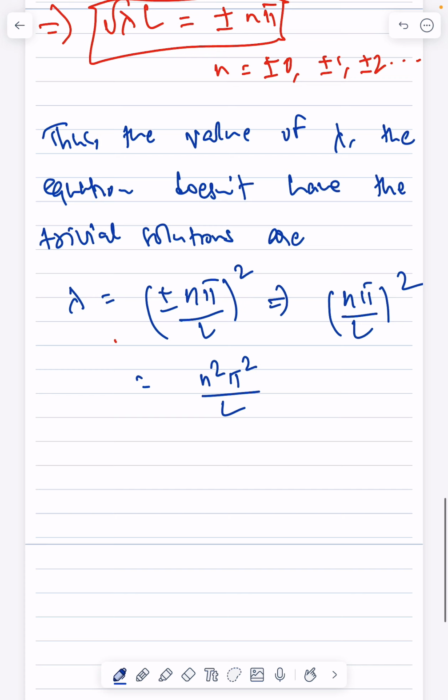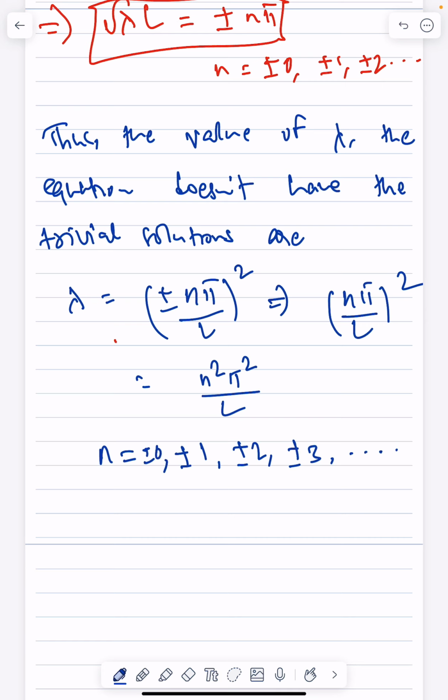Now, what are the possible values of n? The possible values of n are plus or minus 1, plus or minus 2, plus or minus 3, and so on. But we can also say plus or minus 0.